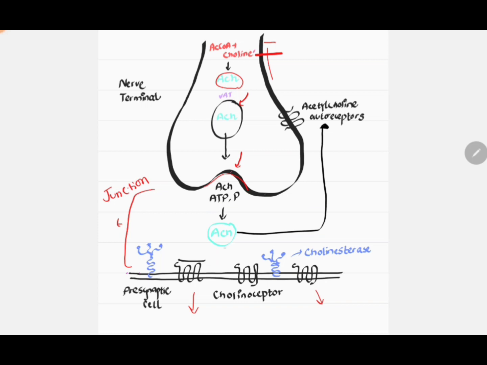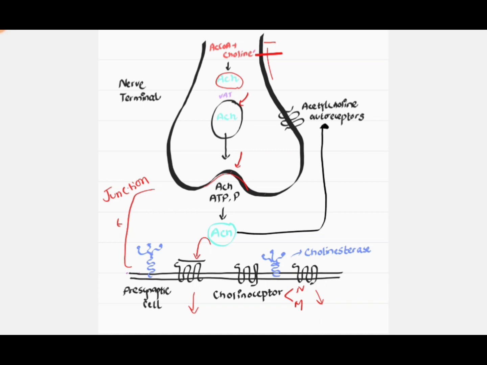Now in this junction, acetylcholinesterase enzymes are also present, and cholinergic receptors are also present. These are the cholinergic receptors that we have already discussed: nicotinic and muscarinic. Acetylcholine binds with these receptors and produces the effects of the parasympathetic nervous system.